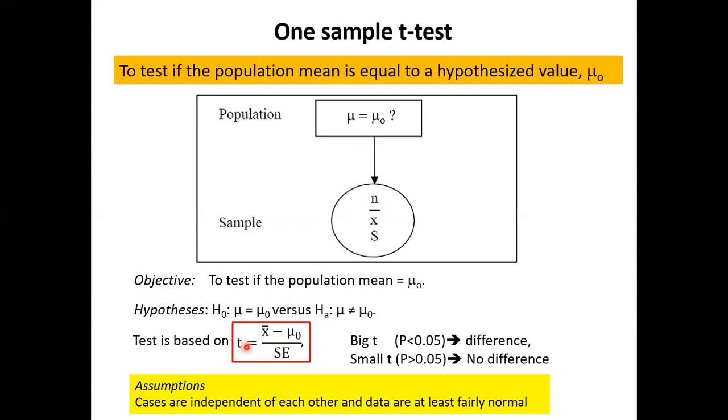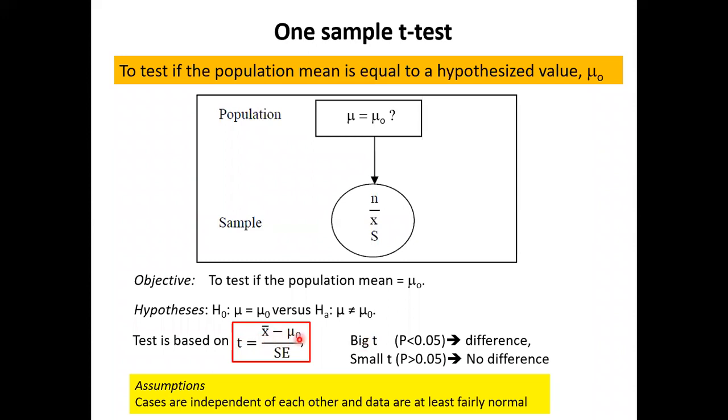Remember the standard normal distribution? The center is 0. Zero means it is exactly the same as what you observe. As the difference gets bigger and bigger, t becomes bigger and bigger. Big T means that's the difference.